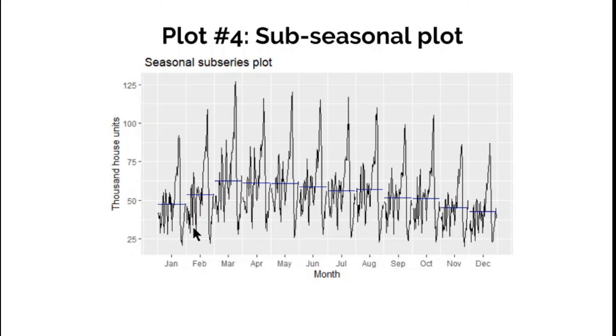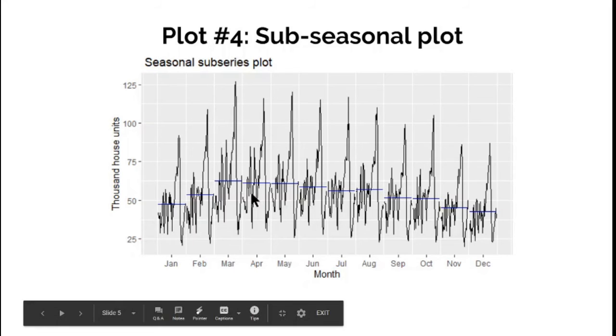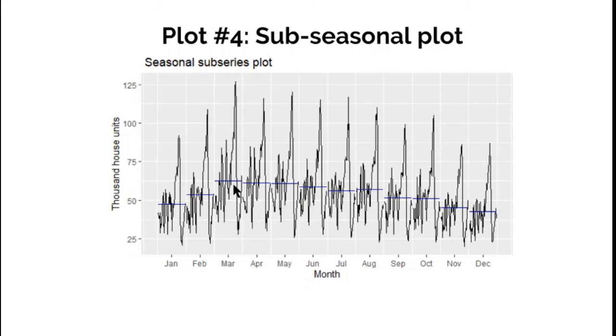As you can see, in at least one year in February, the housing sales went down around 25 to 30,000 units, and in at least one year, which year we can't tell from this plot, the number of housing units sold was above 100,000 units. So this tells you the seasonal mean, as well as some variation around the mean in different years.